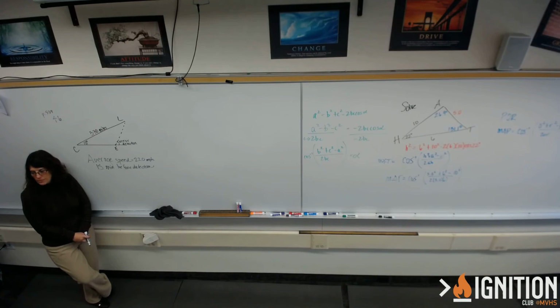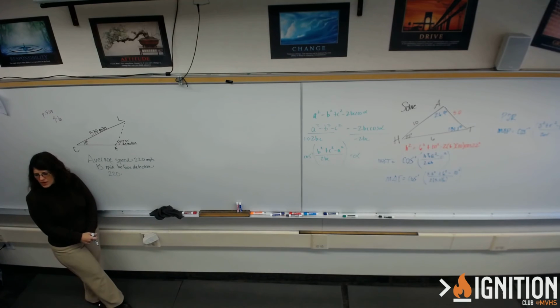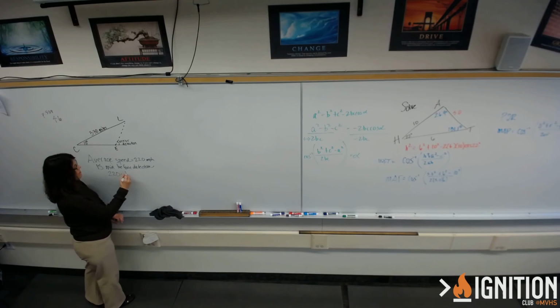You can find side L by doing 220 times 0.25. Where did 0.25 come from? Because 15 minutes is a fourth of an hour. There you go.